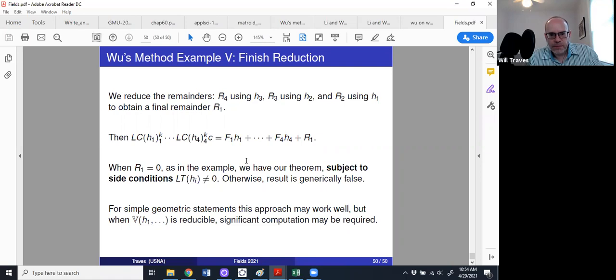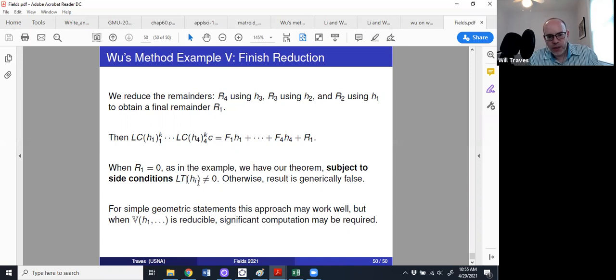And then the point is that if the remainder term is 0, then you've got exactly what you wanted. You've got this G over here times C is a linear combination of the H's. And so C should be 0 when the H's are all 0, at least subject to the leading coefficients here being not 0. I guess I should call them the leading coefficients, really.